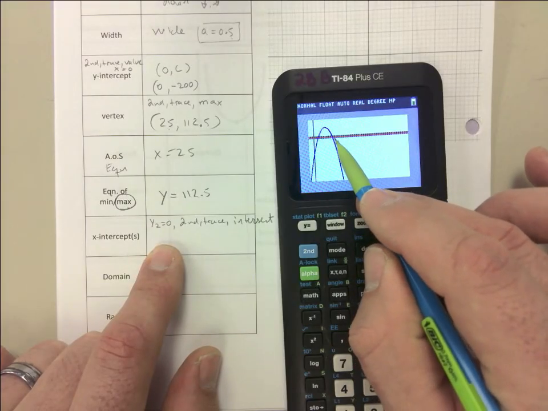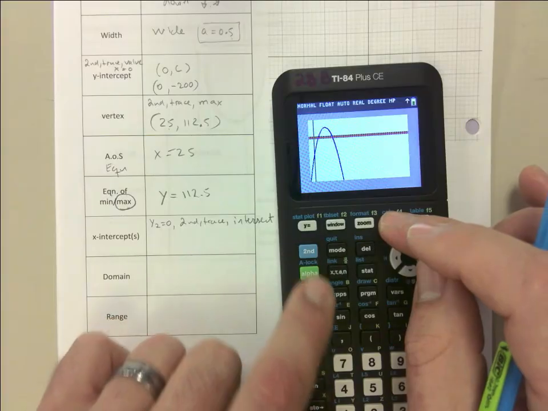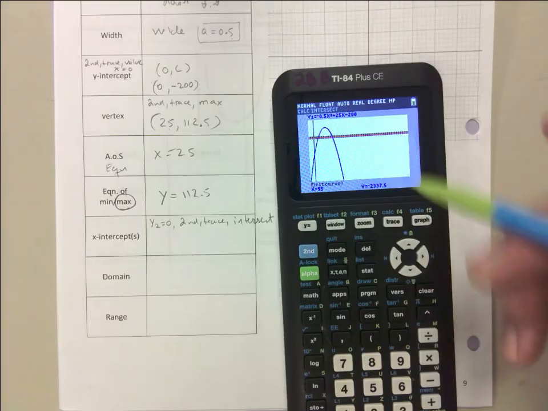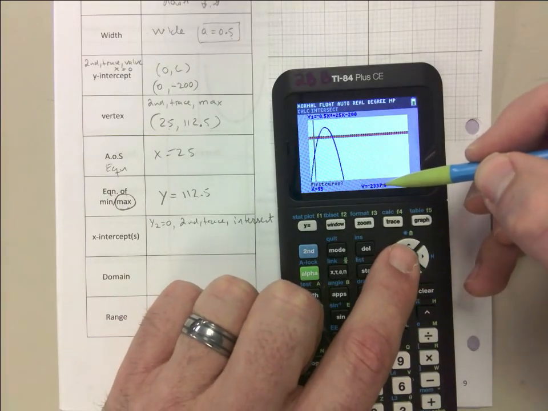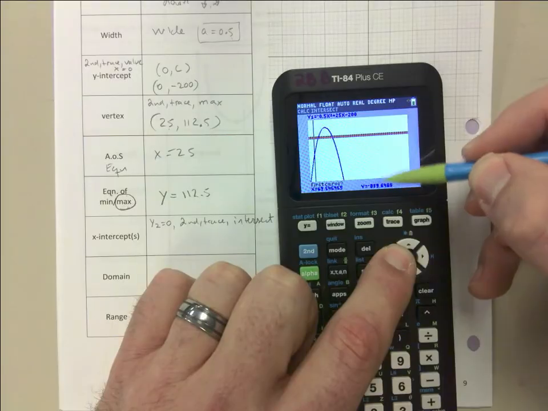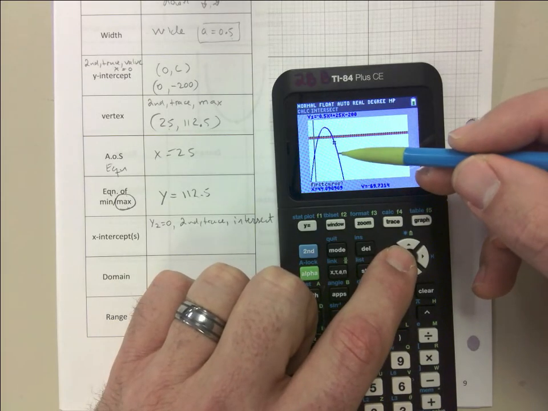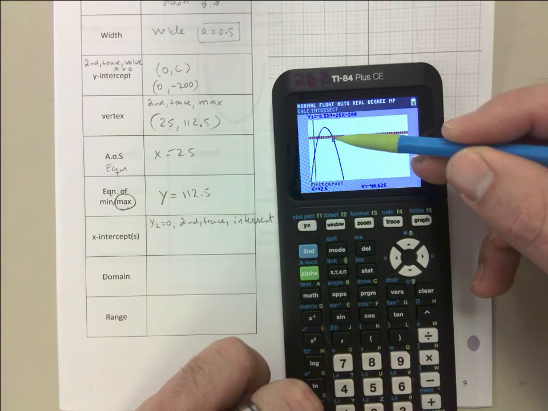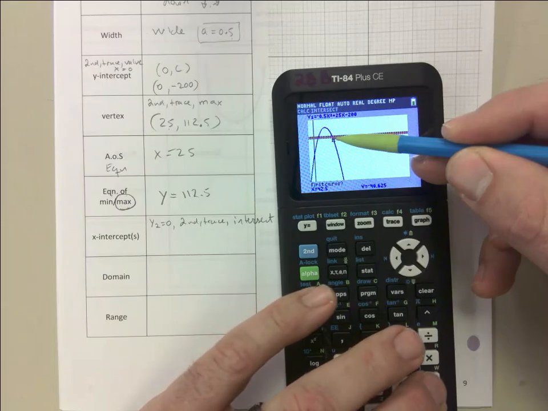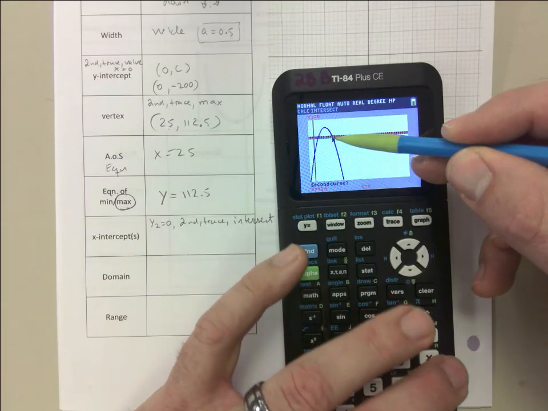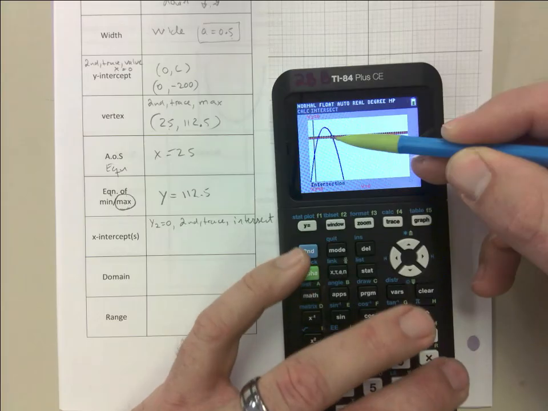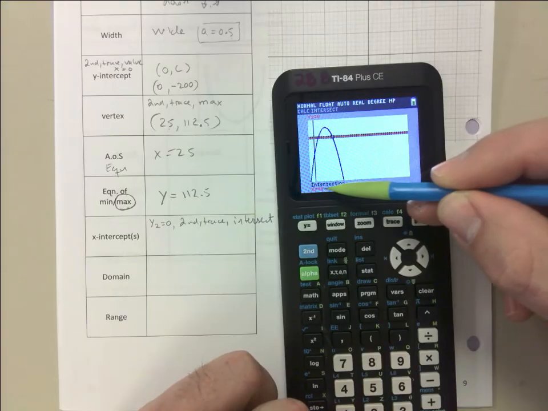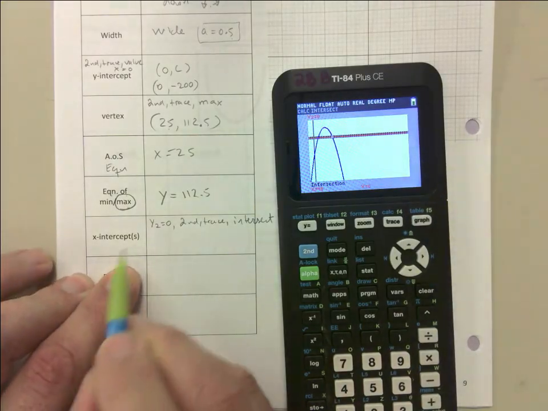There are two of them. So I'm going to go second, trace, intersect for the first one. For some reason, it wants to go down to 2,300 every time. So I don't know what's up with this, but just let it come back up. This is the first one you want to find, so you hit enter. Watch this. Once you're close to it, you can hit enter 3 times without looking. 1, 2, 3. And it will give you that intersection. That's 40, 0 is my first x-intercept.